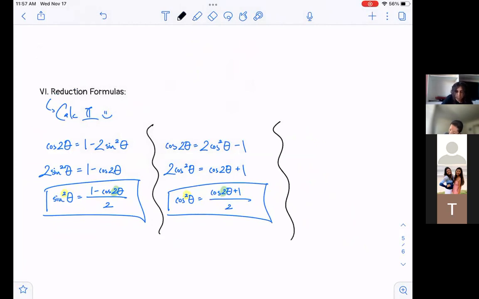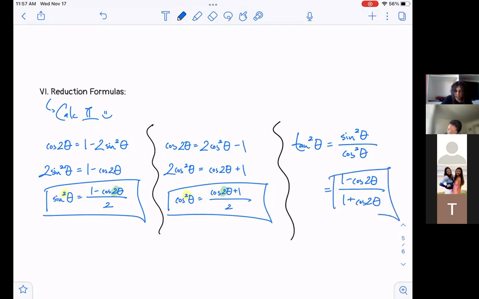All right, last but not least, we're going to use the same strategy we've been using to get the tangents, which is take what you know about sine, divide it by what you know about cosine, and we'll end up with 1 minus cosine 2 theta over 1 plus cosine 2 theta.